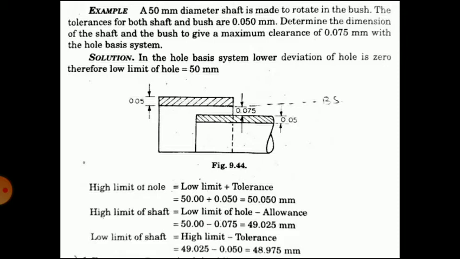Determine the dimensions of the shaft and the bush to give a maximum clearance of 0.075 mm. So there is a clearance between the bush and the shaft, and that maximum clearance is 0.075 mm. It is given with the hole basis system.